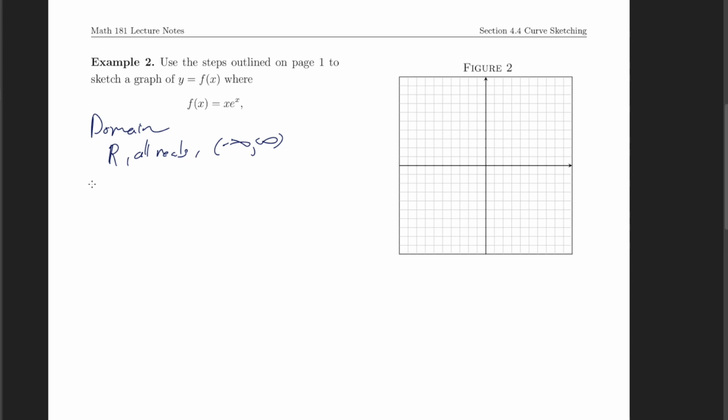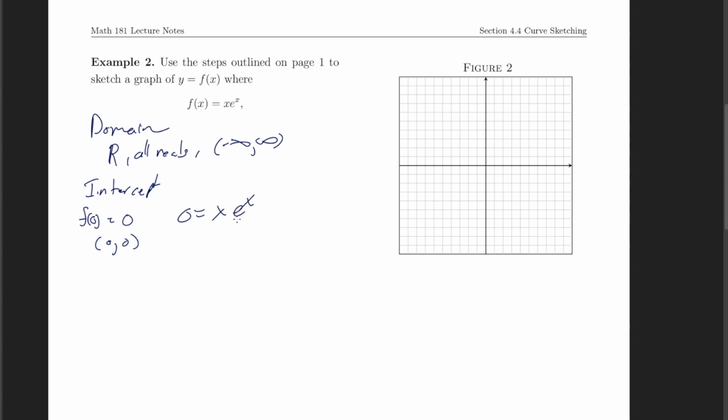All right, the intercepts. Here we're going to look for f of 0, which will give us our vertical intercept. f of 0 equals 0. So that's one of our intercepts. Then we're going to find where the function equals 0, and that will give our horizontal intercepts.